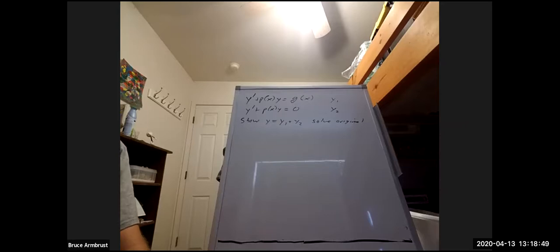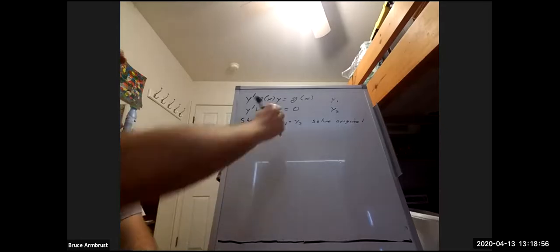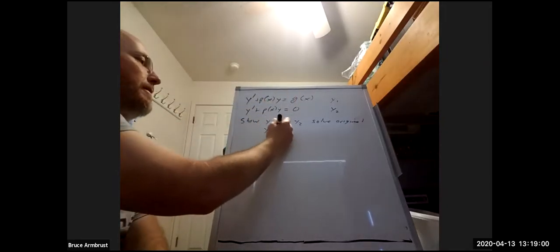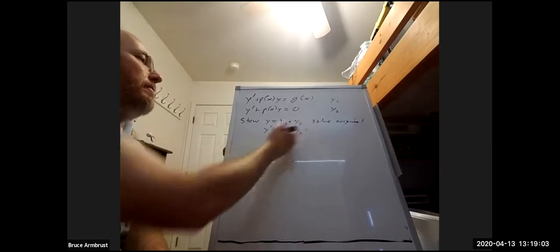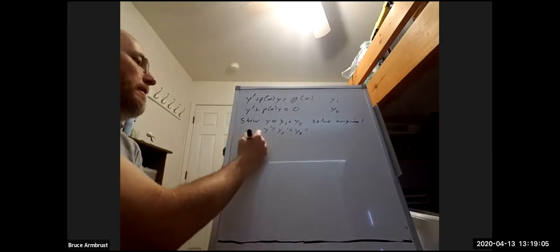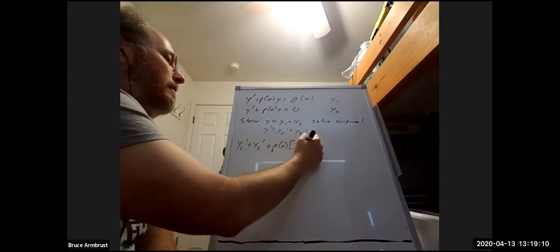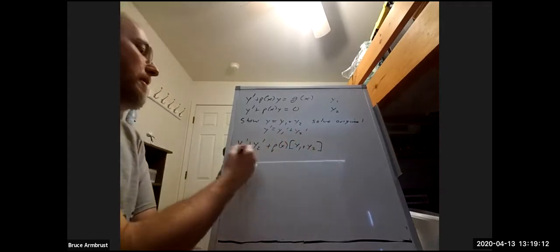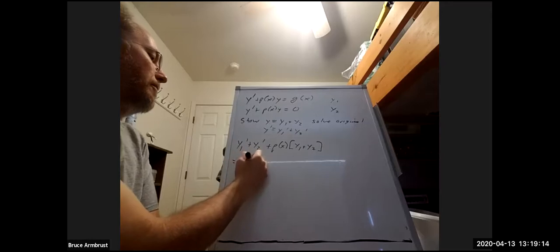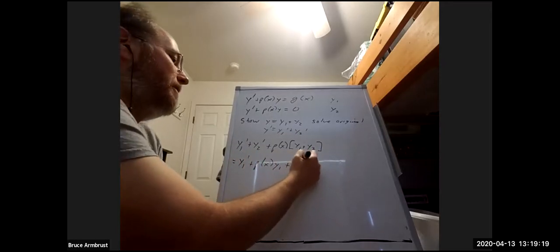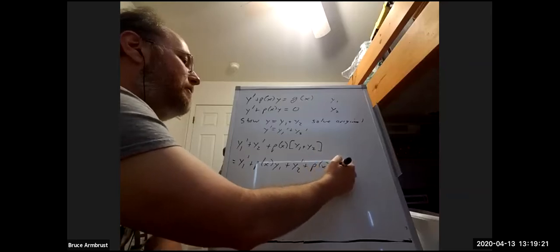All right, well, let's do it like we did before. Let's just plug it in and hopefully we end up with g of x. So obviously y prime is going to be y1 prime plus y2 prime. So if we put this in, let's distribute and group. So we get y1 prime plus p of x y1 plus y2 prime plus p of x times y2.